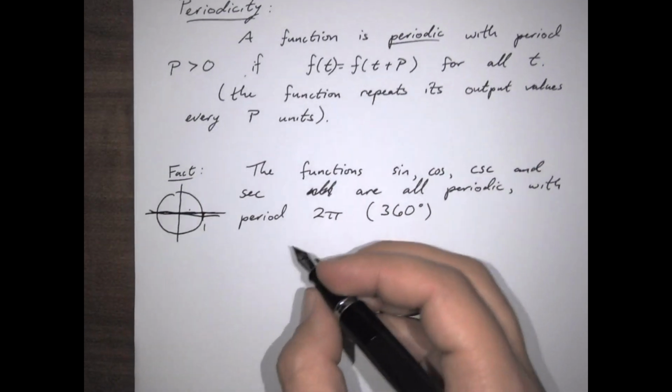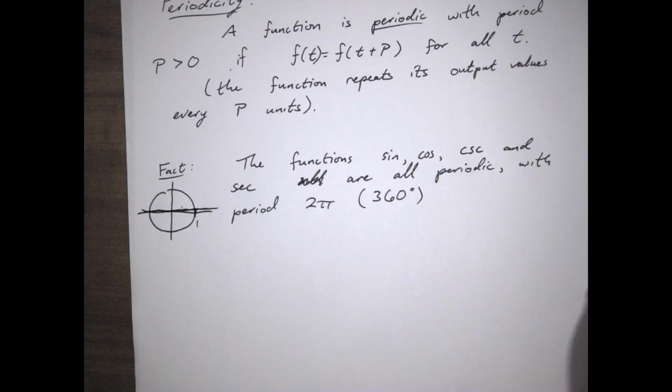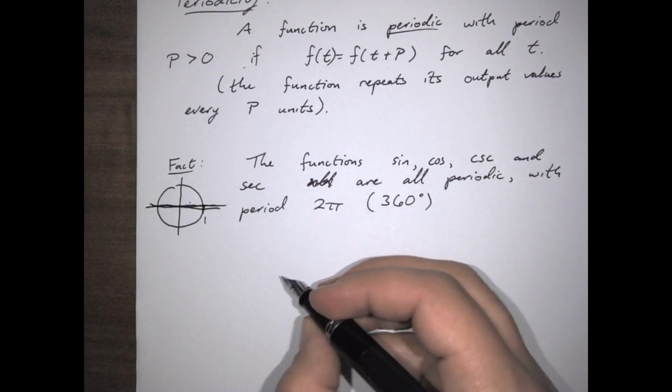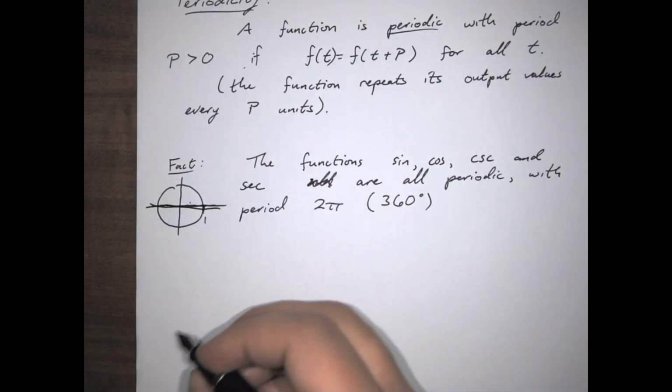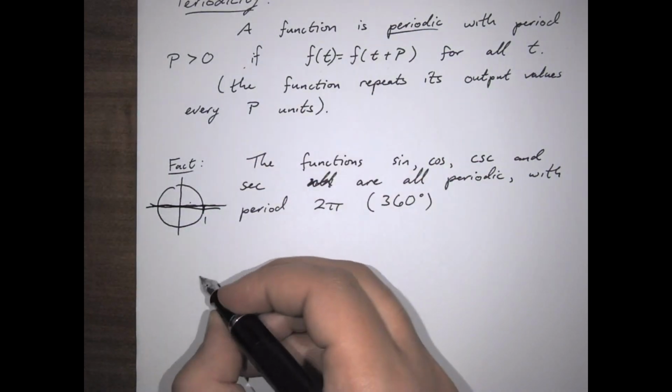Now, that is not all of our trigonometric functions. The tangent and the cotangent, although they're also periodic, are not periodic with the same period.